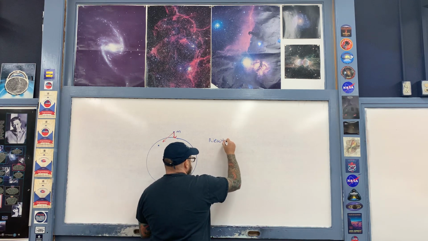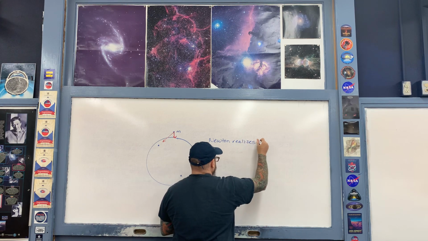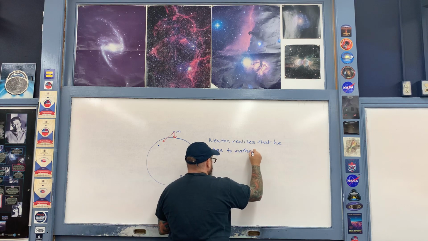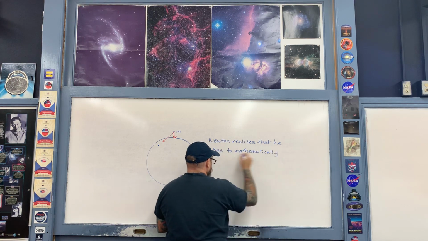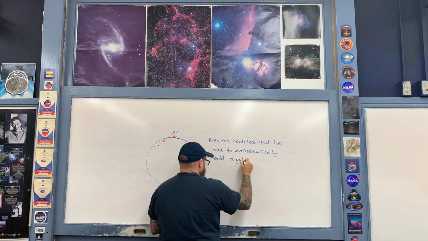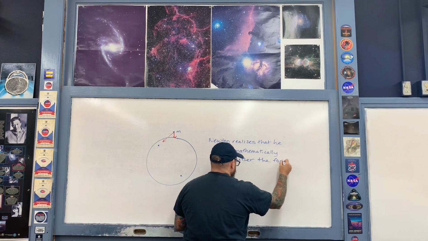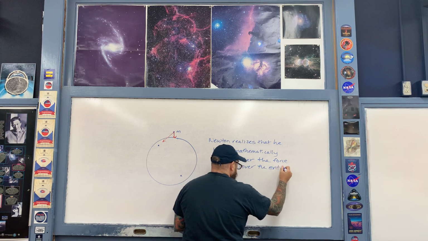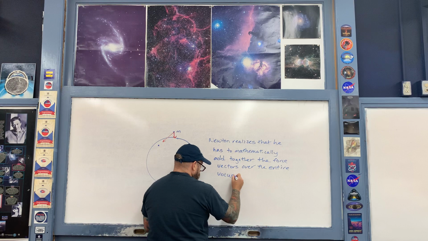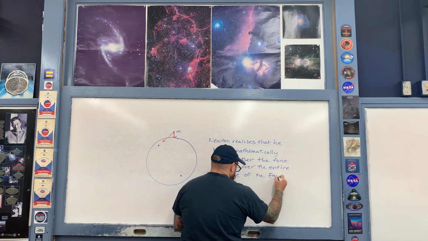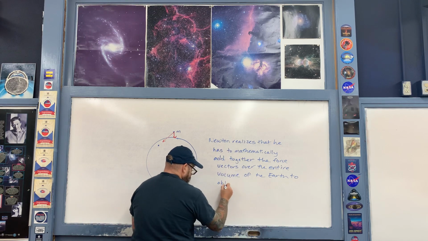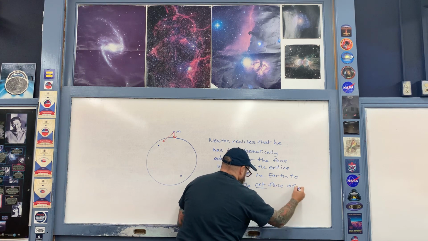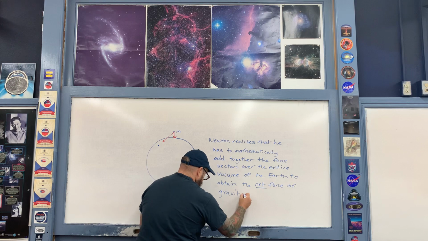So Newton realizes that he has to mathematically add together the force vectors over the entire volume of the Earth to obtain the net force of gravity exerted upon the object.